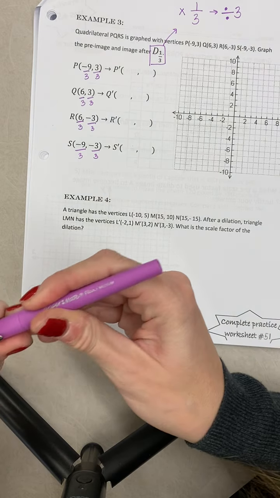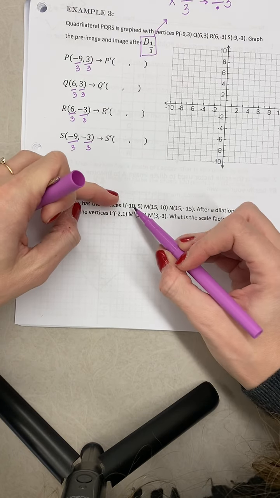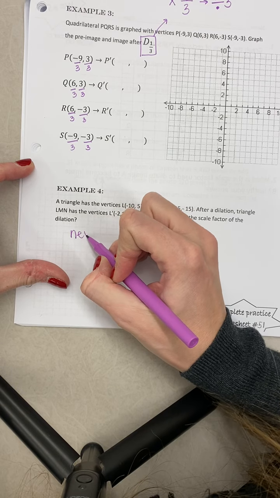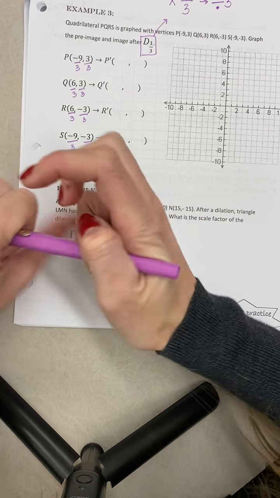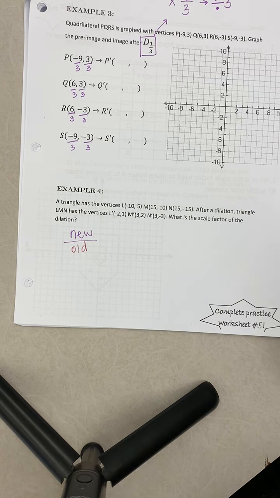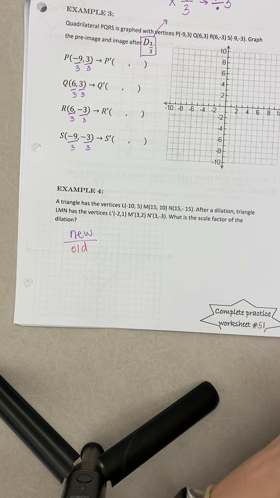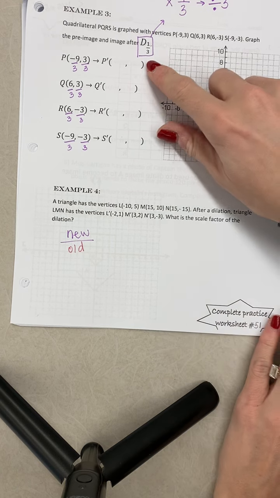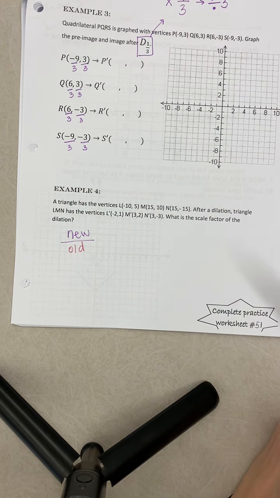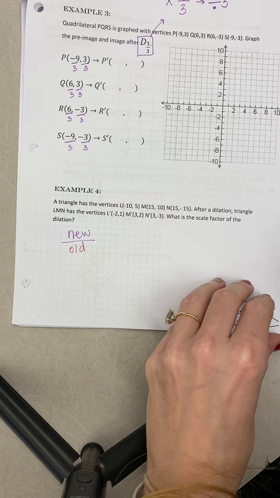And then this one, we have our pre-image and then our image. We're going to be using that new over old formula to help us figure out what our scale factor is here. And remember, if we're getting smaller, our scale factor is going to be between 0 and 1.